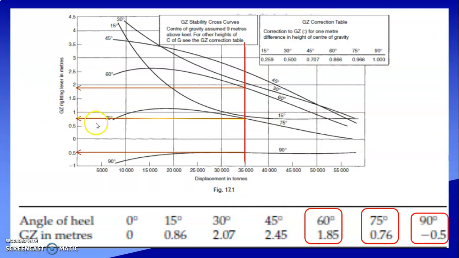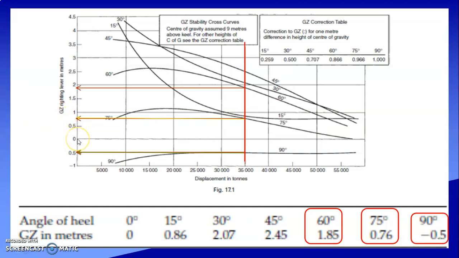Next, if you have 90 degrees, then your reading in meters, GC, is negative 0.5.